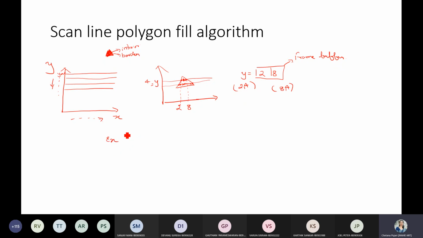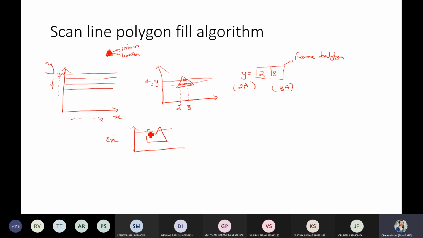So let's consider a slightly different example, and let's say this is my scan line.